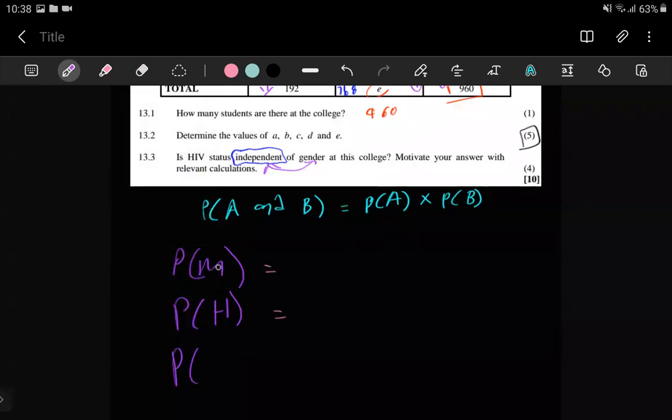And then you also pick out the probability of being male and being HIV positive. So you have to get these three numbers from your table. Once you get these three numbers, you just check if they balance out this equation.